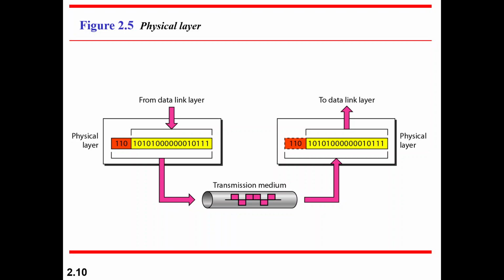The transmission rate, the number of bits sent each second, is also defined by the physical layer. In other words, the physical layer defines the duration of a bit, which is how long it lasts. Synchronization of bits. The sender and receiver not only must use the same bit rate but also must be synchronized at the bit level. In other words, the sender and the receiver clocks must be synchronized.